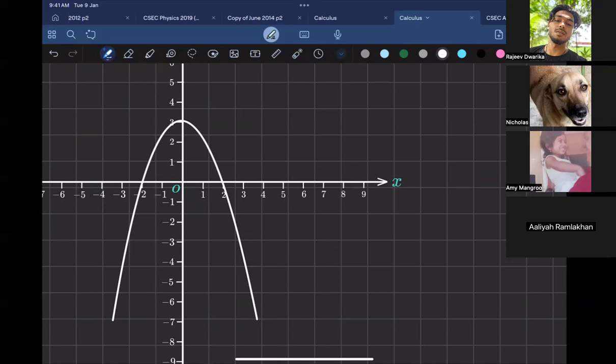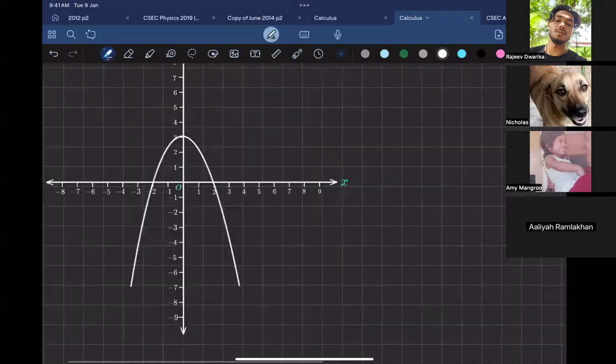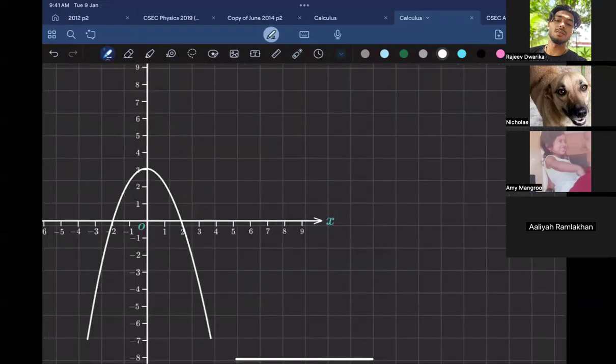I remember the roots. Yes, we had the roots. You can use your roots to find the equation of the curve. So what are the two values for x? We have -2 and 2.